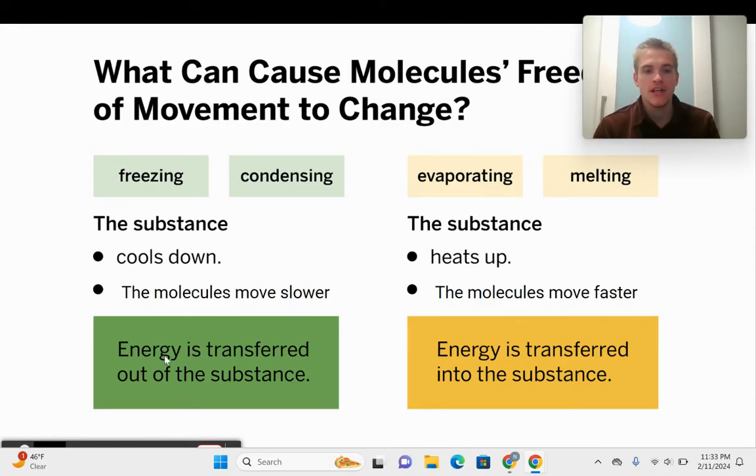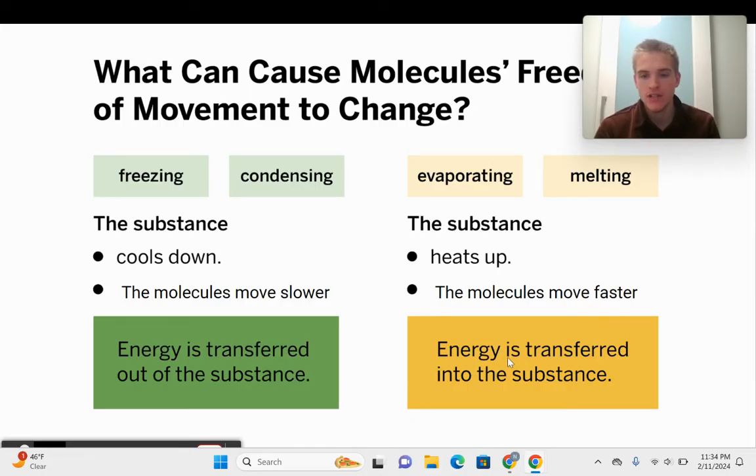When energy is transferred out of the system, the substance cools down and the molecules move slower. This is freezing, when a liquid turns into a solid, or condensing, which is when gases turn into liquids.